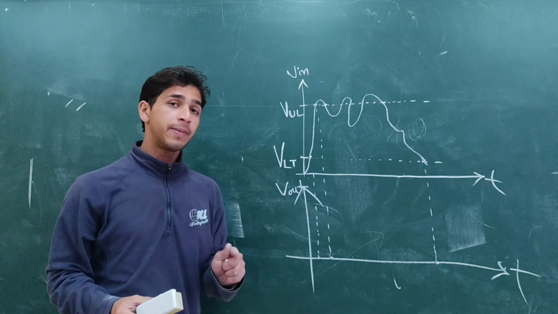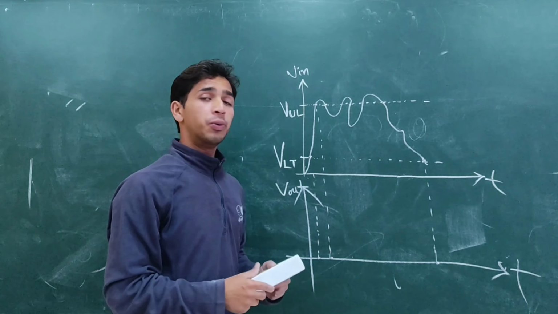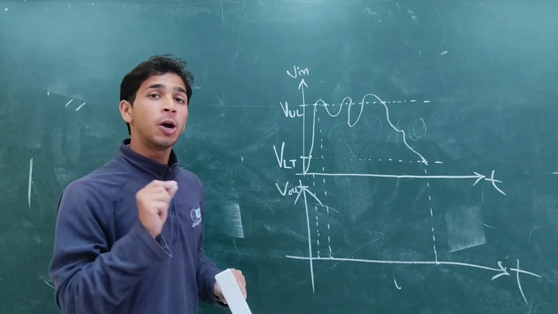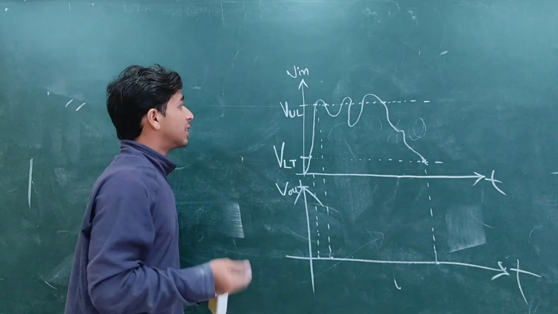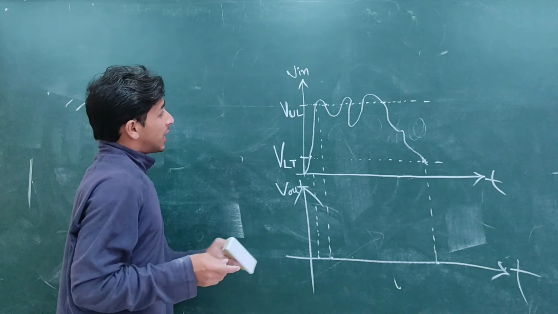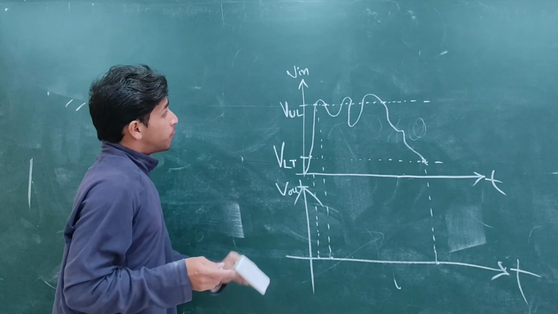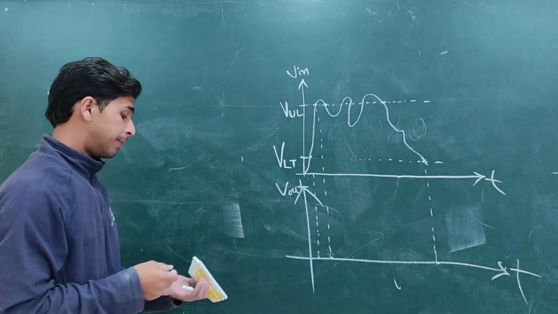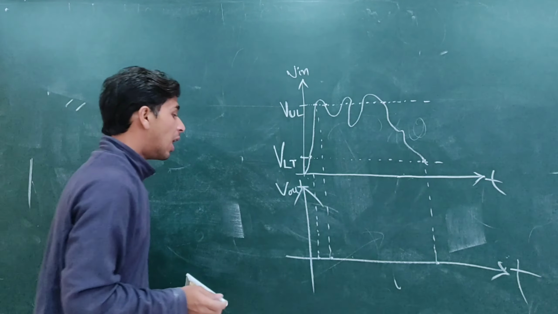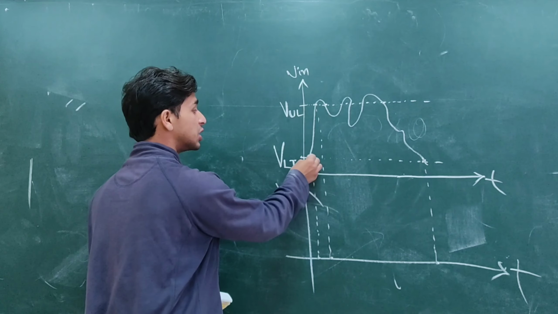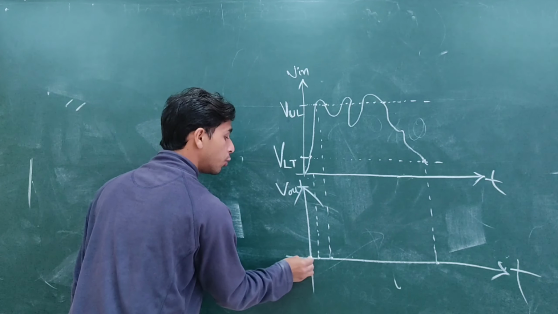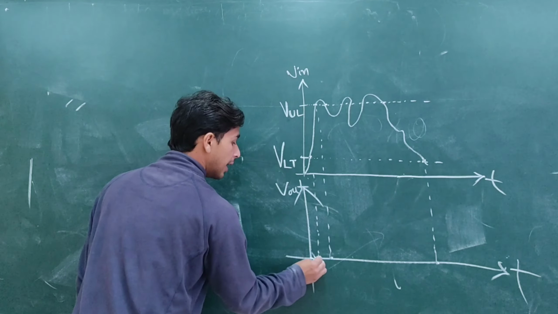Now we have to remember the output will become high only when the input signal is greater than or equal to the upper threshold voltage. As initially our input voltage is 0, the output will be 0.